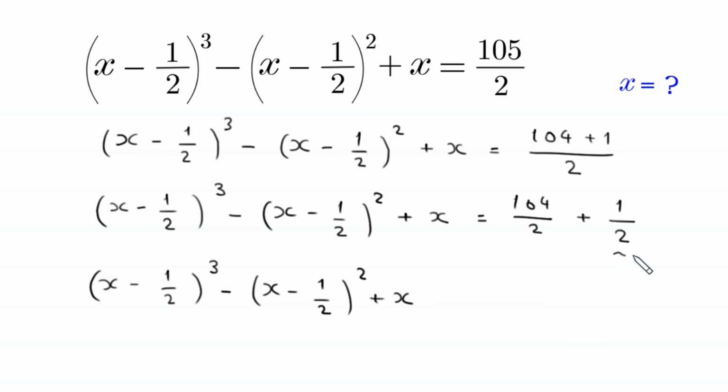We move this 1/2 to the left-hand side, and it becomes negative 1/2, equal to 104 divided by 2, which is 52.